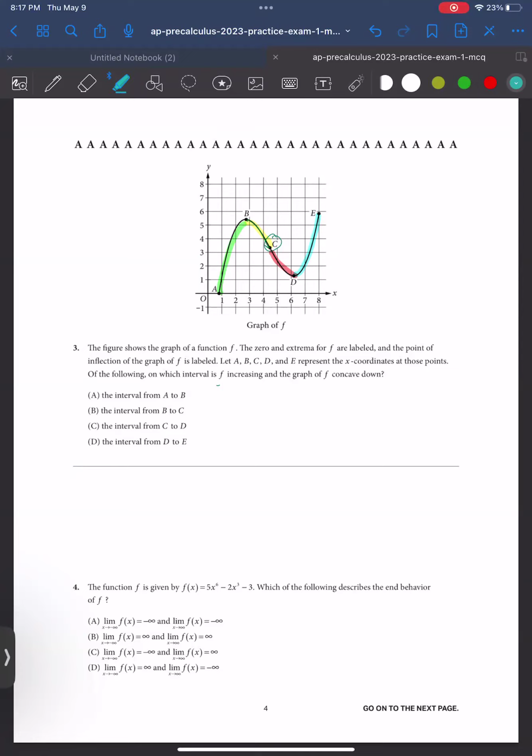A to B. Yes, A to B. So as you can see, it's increasing and it's also concave down. So that's how it works. So my final answer is A. A. OMG. I love this test.